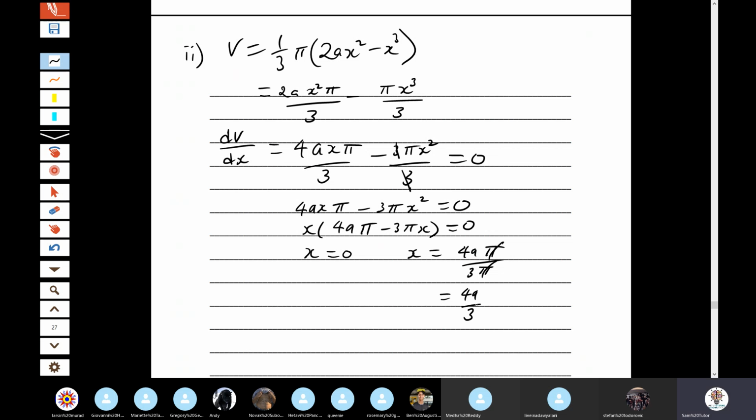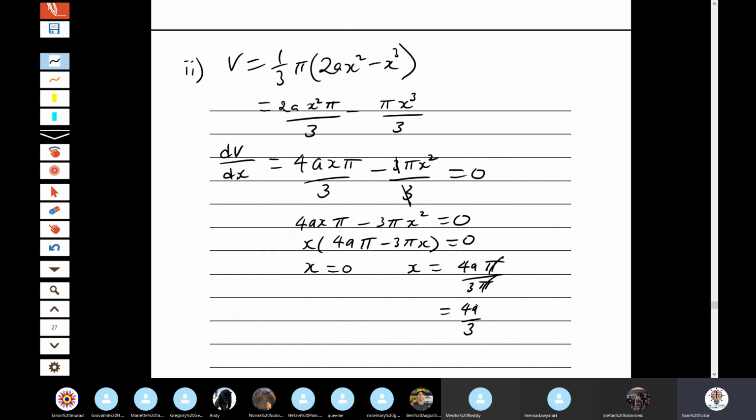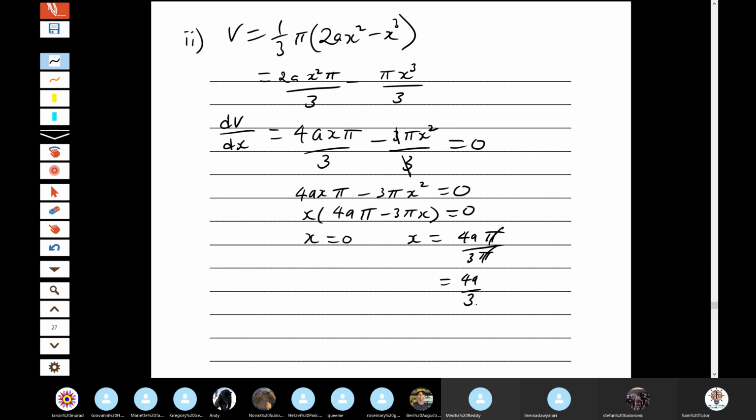Well, the question was saying, why choose that x? You must give reasons why your value of x gives the maximum. Well, firstly, you can't choose x equals 0 because that just means it doesn't exist in the first place. So it can only be 4a on 3. You could say x has to be greater than 0 for length.